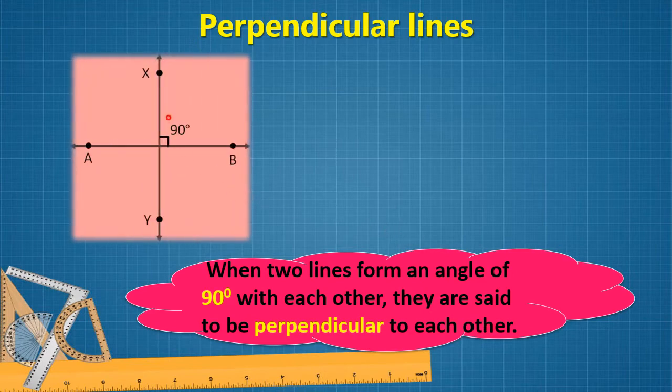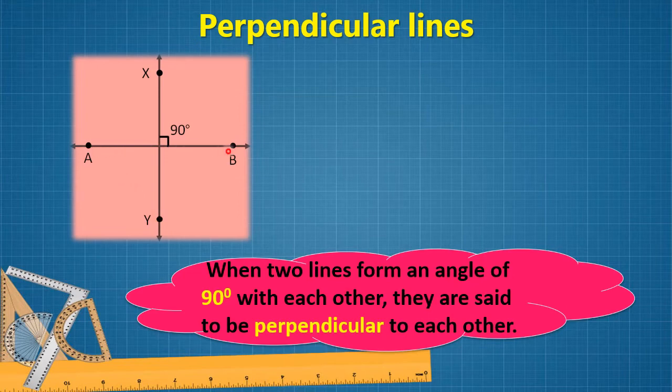You can see in the picture line XY and the line AB makes an angle of 90° with each other. Therefore, we can say line XY and line AB are perpendicular to each other.